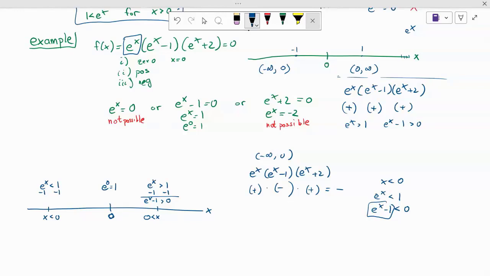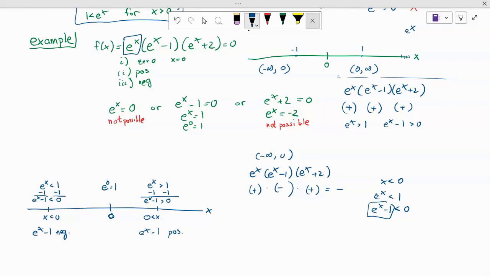Subtracting 1 from both sides, we get that e to the x minus 1 on the left is less than 0 on the right, i.e. it's negative. So e to the x minus 1 here is positive, here it's negative. That's the kind of analysis that's required. That's a pre-calculus prerequisite.